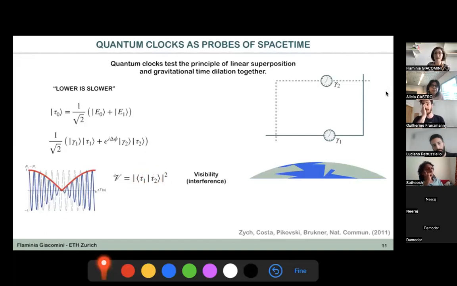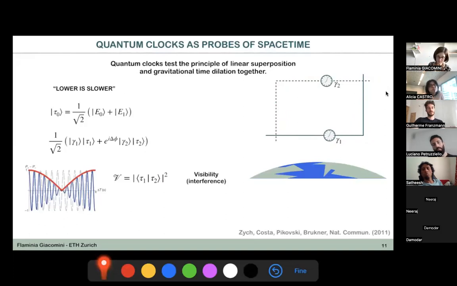So I wouldn't have any loss of visibility. As soon as the scalar product between the states of the clock is lower than 1, meaning that the state of the clock is not identical at the end of the interferometer, I start having a loss of visibility. And this is bigger the more I separate the states of these two clocks, so the more the trajectories of the clock in the gravitational field are different in gamma 1 and gamma 2.